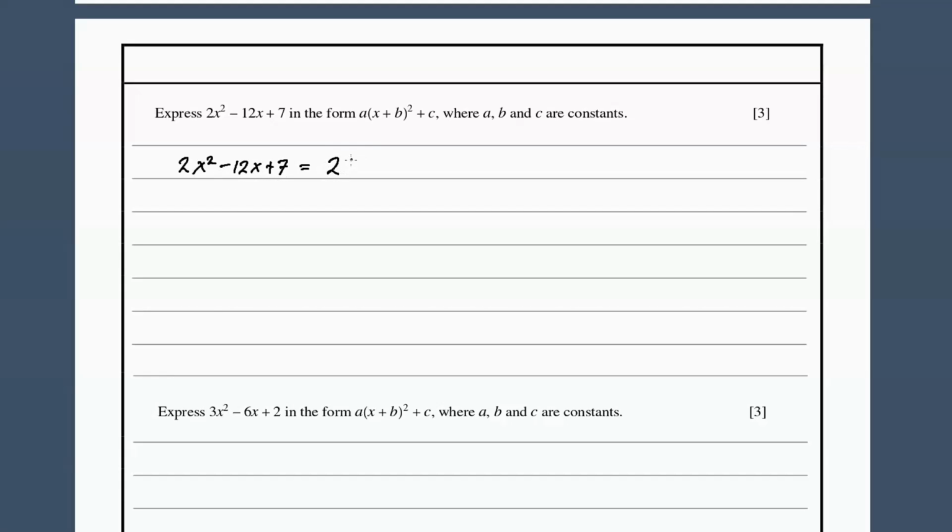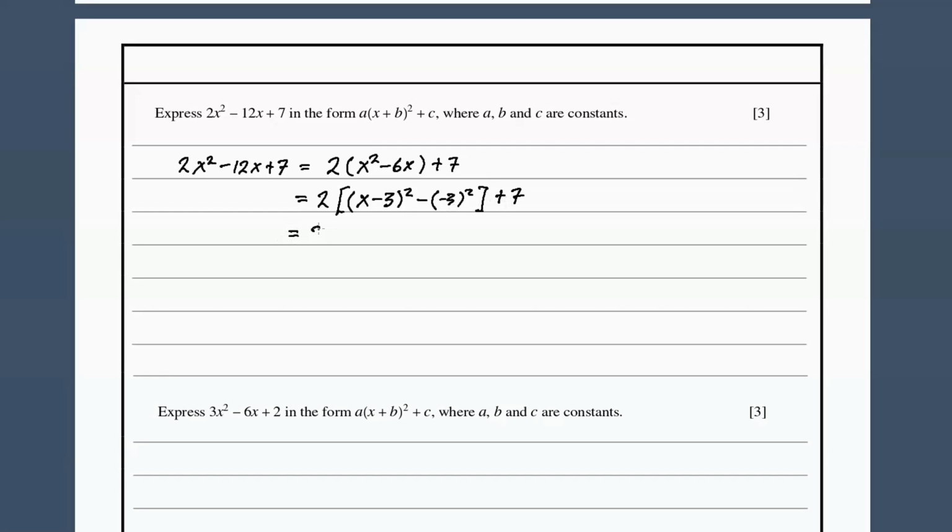So if I factor out 2, I'll be having x squared minus 6x, and it's plus 7, which is on the outside here. Here I am going to complete the square for x squared minus 6x, which I know will give me, opening my bracket, x minus half of the coefficient of x, 3, close bracket, squared, and we subtract the 3 squared, close bracket, and there's a plus 7 on the outside.